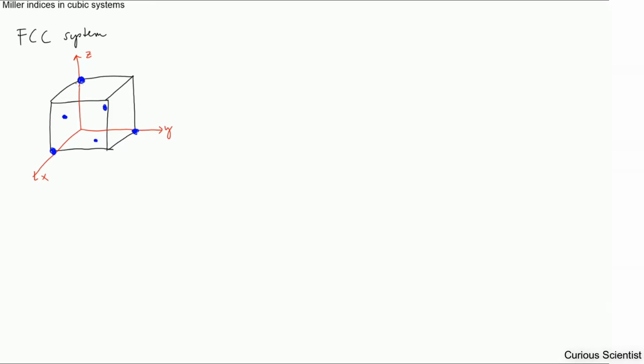So what I do here is, let's connect these things. These are the face diagonals. So I show you all the atoms which are involved with the 1-1-1 plane. Why? Because the 1-1-1 plane is the most densely packed plane in the FCC system.